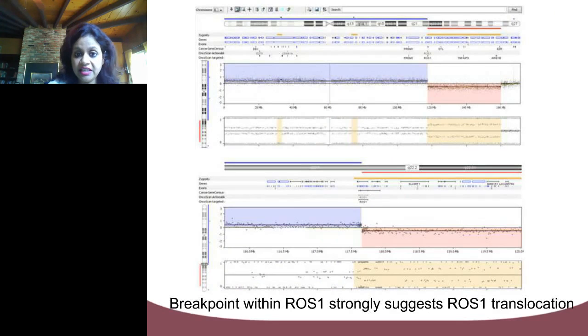But interestingly, even though microarrays typically don't pick up balanced translocations, in this case, they picked up a ROS1 imbalanced translocation.